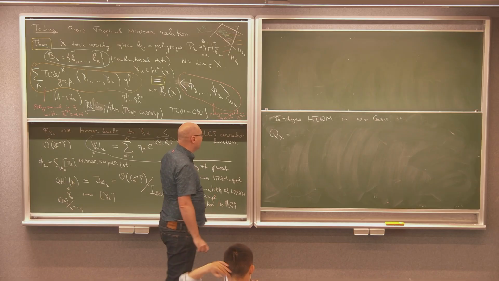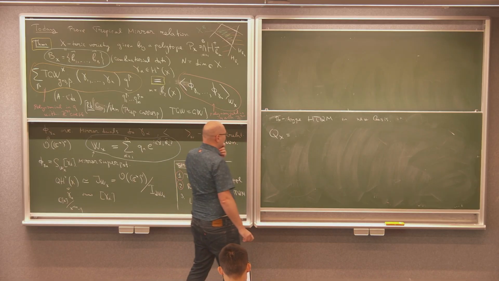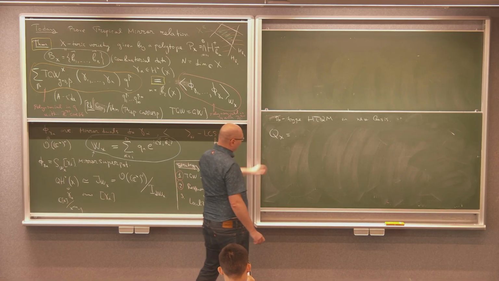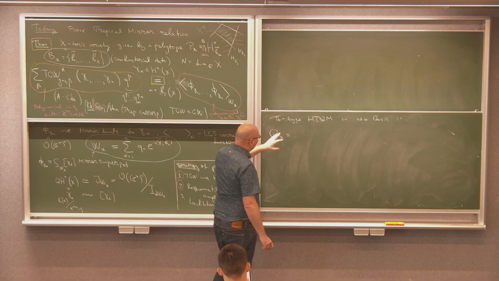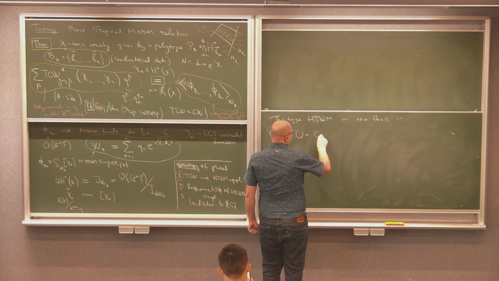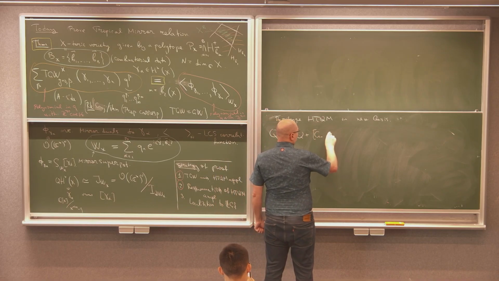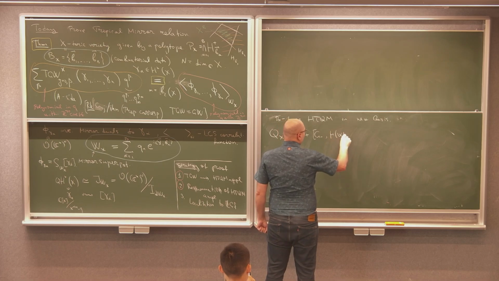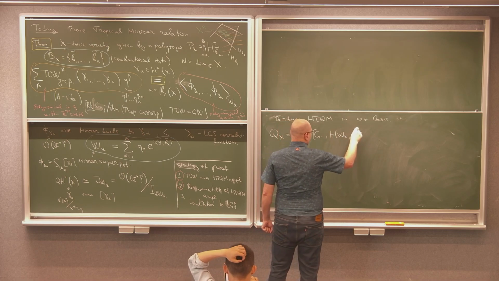So just to avoid carrying these double subscripts like Q, W, Z, and W, Q, W, X, I will just call it QX, like Q plus G minus commutator with multiplication by WX.